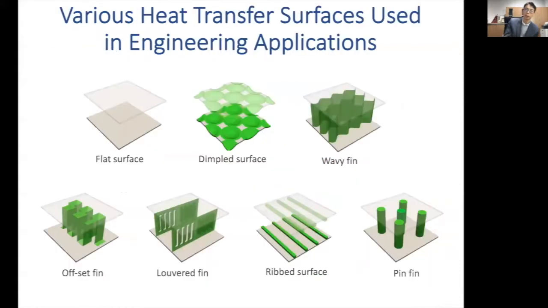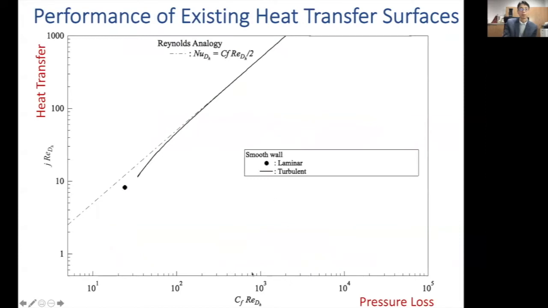In engineering, people develop a lot of different heat transfer surfaces in order to enhance the heat transfer. And of course, according to the Reynolds analogy, we expect that the wall friction will also increase if you have heat transfer enhancement, and thereby we have more pressure drop. This is a plot.